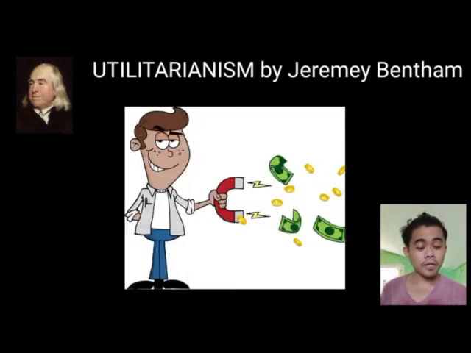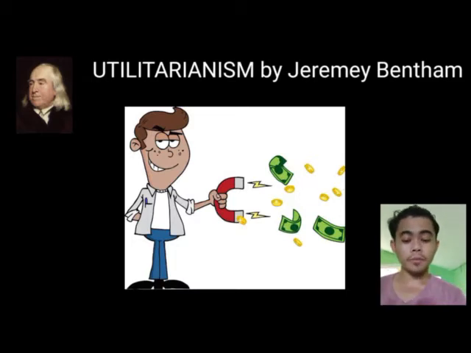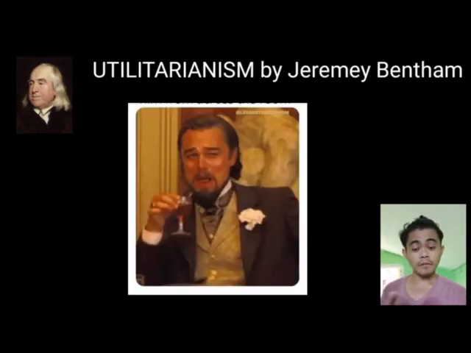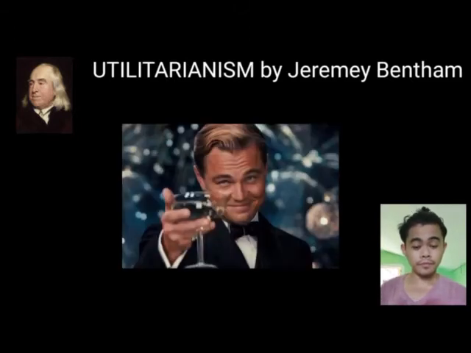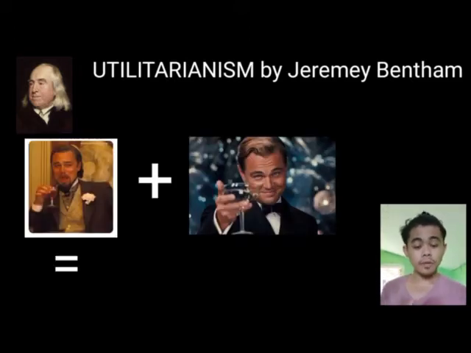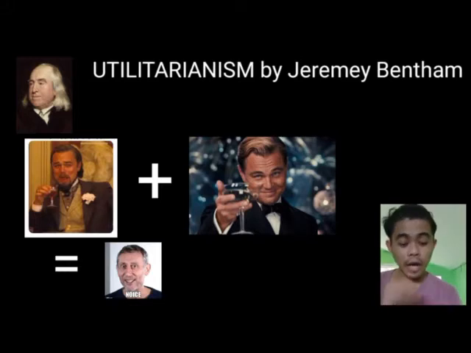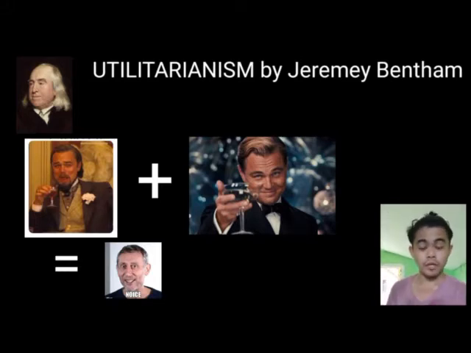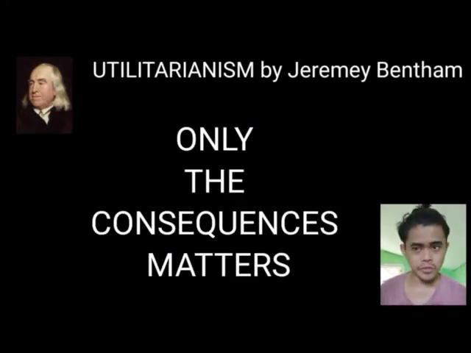But if a man collects money from whoever crosses the bridge, the motive may be selfish, but the action would be praiseworthy. Bad motive, but good consequence, which is for the people to avoid the flood, is considered a good act in utilitarian theory. Only the consequences matter.